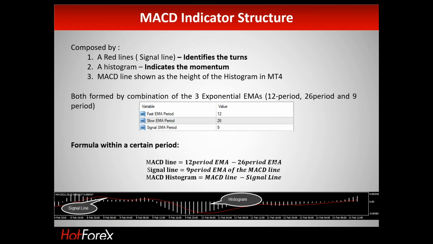That's why we have the red signal. We call the red line the signal line because it's a moving average of the MACD line itself. It smooths the movement of the MACD line and interacts with it to produce more powerful trading signals.